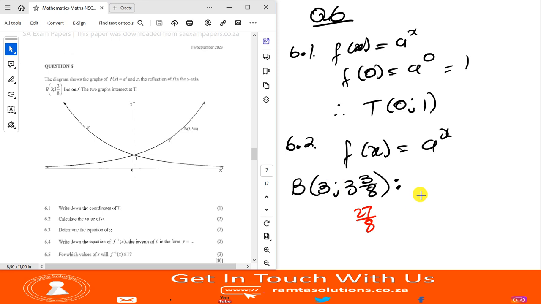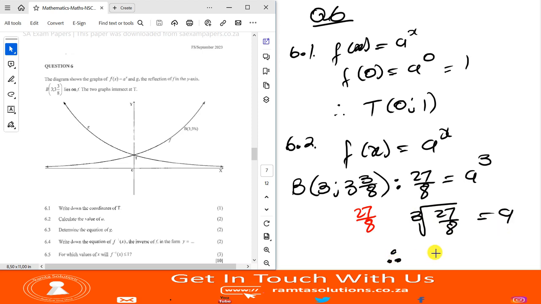So this then becomes 27 over 8 equals a to the 3. By now you know that when you are solving for a, you will say cube root of this. So this will be the cube root of 27 over 8, which is a.